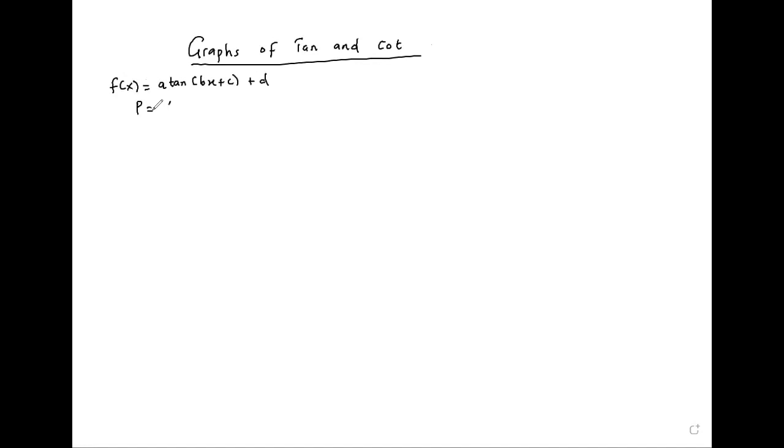Here the period is pi over b and not 2 pi. And then the amplitude is still the same, though here the meaning of the amplitude is not how high it goes, but it's just a stretch. I'll demonstrate how that one is.